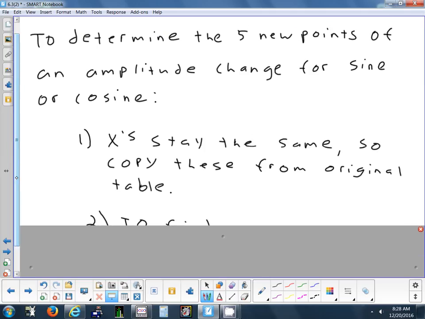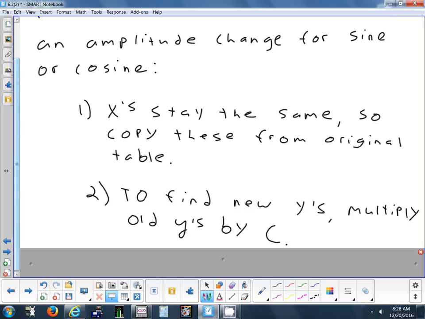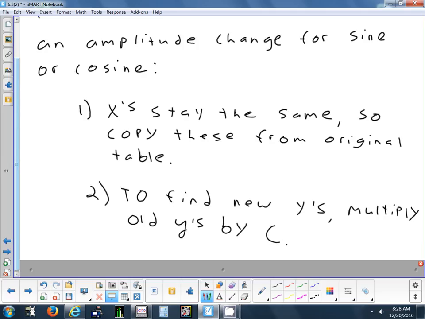Now to find the new y values. When we did a vertical shift, all we did was add or subtract the shift to all the y values. Anybody think they know what we're going to do this time to the y values? Yeah, we're going to multiply all the old y values by c.